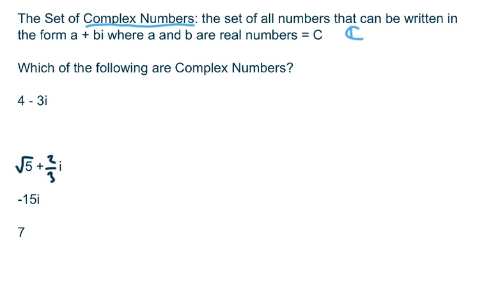Although we often write that as a more stylized C. So think of a complex number as a real number added to an imaginary number. In fact, the real number is often called the real part of the complex number, and the imaginary part is often referred to cleverly as the imaginary part.